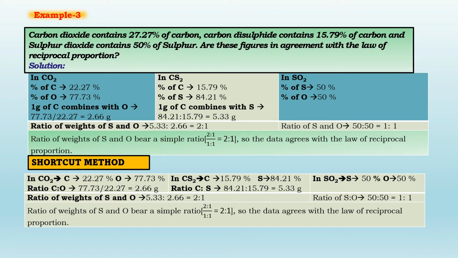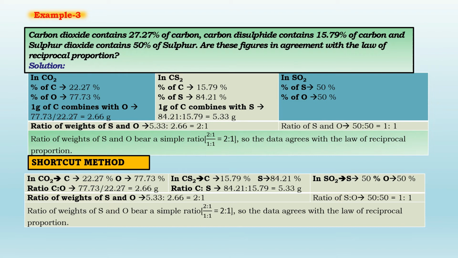Shortcut method. In CO2, the percentage of carbon is equal to 22.27, oxygen is equal to 77.73. So the ratio of carbon to oxygen is equal to 0.66 gram. In CS2, the percentage of carbon is equal to 15.79, so sulfur is equal to 84.21. The ratio of carbon to sulfur is 84.21 to 15.79, that is equal to 5.33.